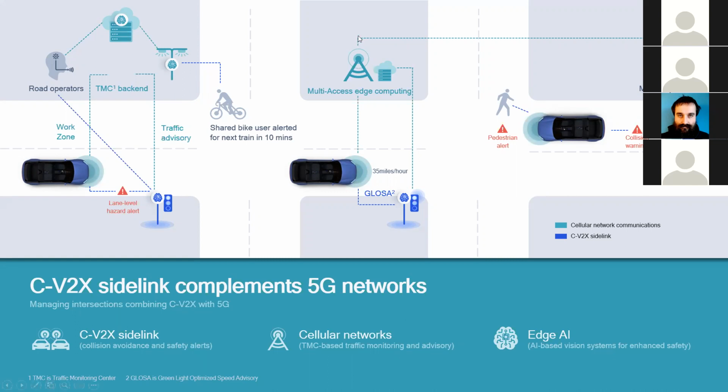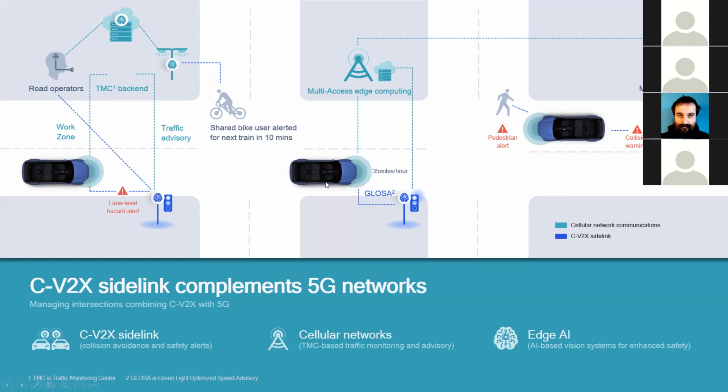And then you can have the Uu cellular connection link from the RSU to the base station, for example. All that creates a very densely connected environment where a lot of applications can run on top and provide a safety benefit and an enhanced transportation experience for everybody.